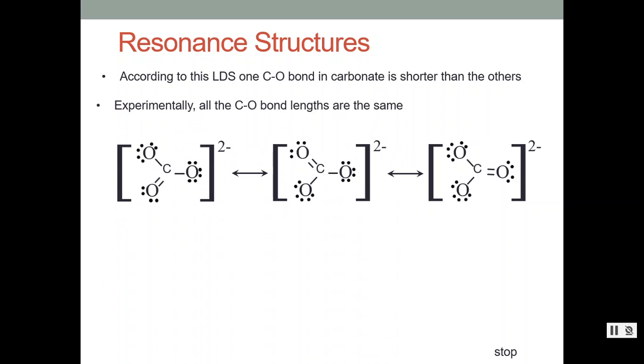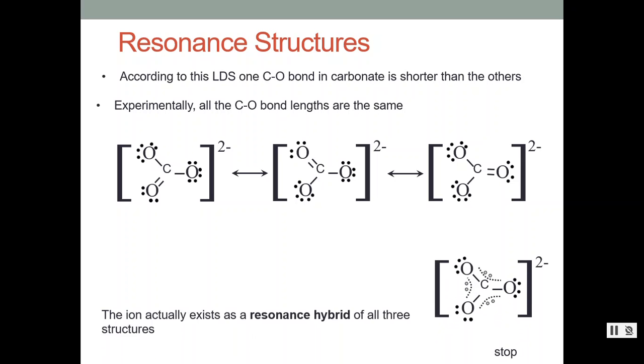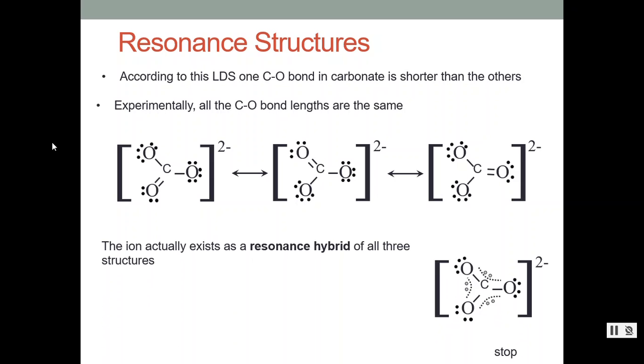Experimentally, what is determined is that all of the CO bonds in the carbonate anion have the same bond length, and the energy associated with that bond is the same. The only way that can be explained is through this bond order calculation, which basically states what the true resonance structure for this molecule is.